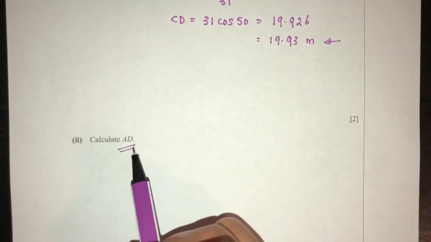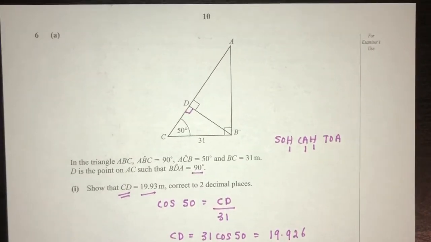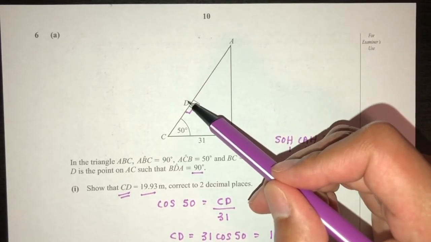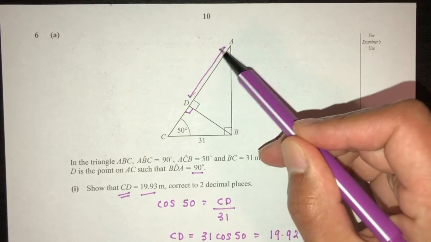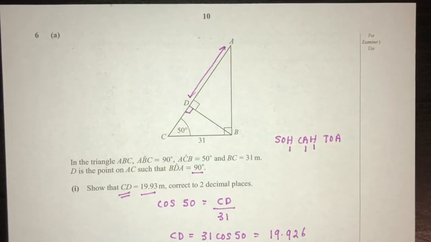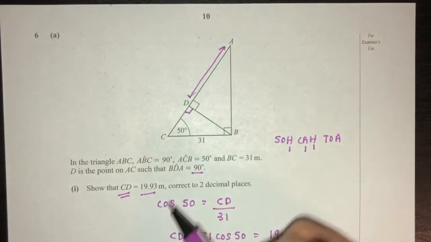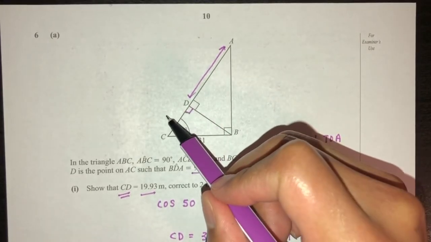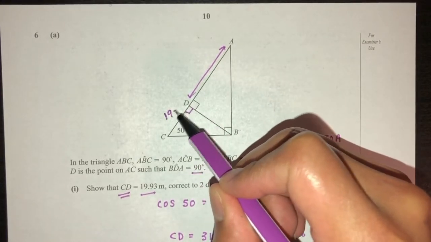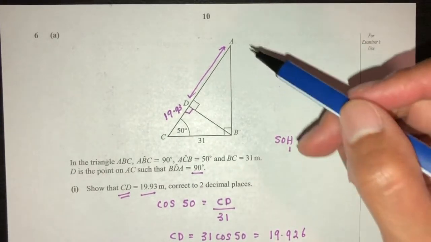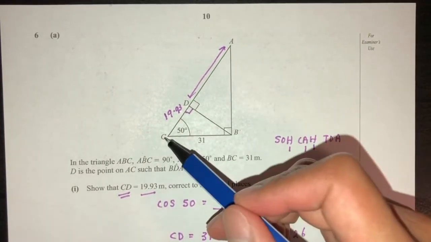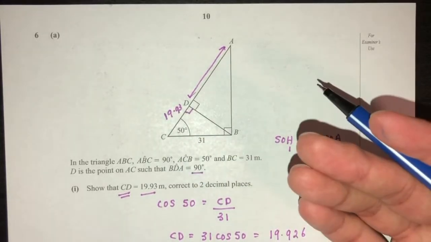Calculate AD. So where's AD? AD will be this length. So how would you find the length of AD? Let's think. Right now we know this is 19.93. If you observe, we also have a triangle ABC, which is also a right angle triangle.